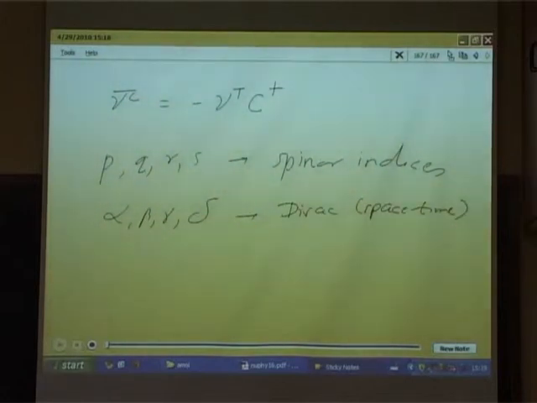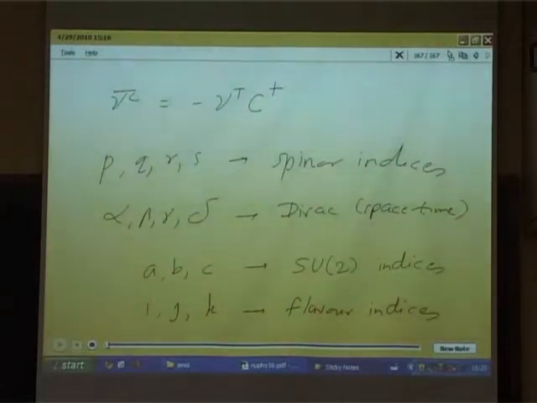And although we won't use it perhaps in the rest of the course, I sometimes use A, B, C for gauge indices. That's a standard notation that I use, not everyone. Anyway, right now we are interested in PQRS and alpha. Sorry, and IJK are flavor indices, flavor or mass: electron, muon.